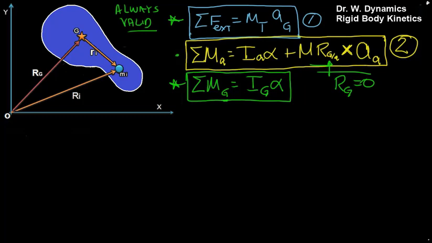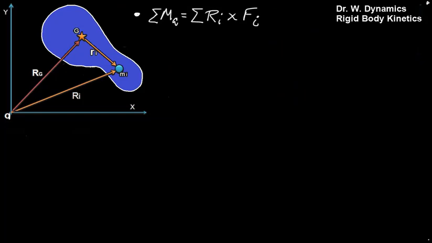Next, I want to derive an alternate version of this equation, which I'm going to do quickly because the process is quite similar, and if you're really interested, you could slow it down to watch it. Here we'll start with the same moment equation about A that we saw before. And here we saw that Fi could be written as Mi AI. F is equal to MA. And note that Ri here could be written as the sum of the other two vectors.